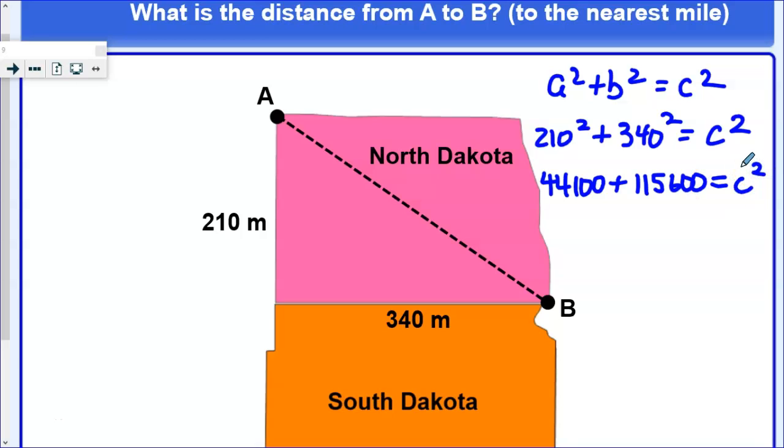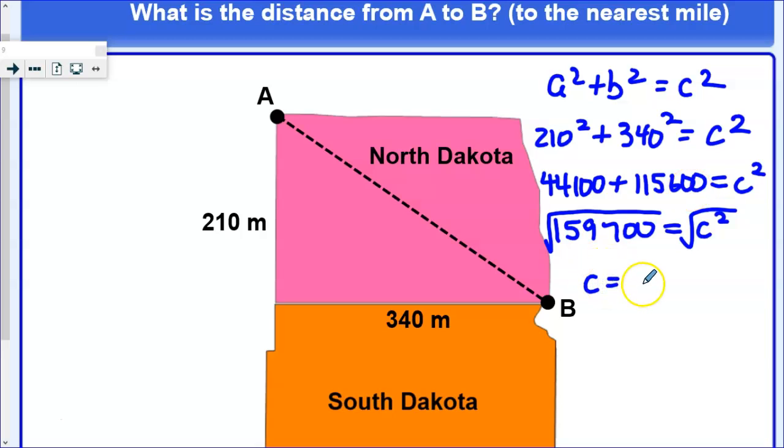That added together is 159,700. Take the square root. Hopefully this is just getting to be habit and pretty easy right now. Punch in the square root sign on your calculator and c equals 399.62. I'm just going to put 2 decimal places down here.